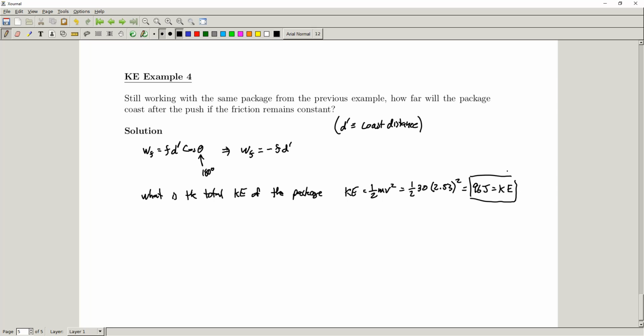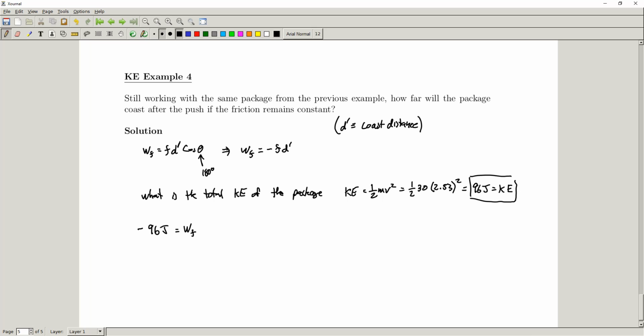And so what do we have going on here? Well, we know that the total work done on this thing had to be 96 joules. So maybe I'll rewrite it a little bit differently. Let's do it like this. Okay, so 96 joules is the total work done on this thing, but we know that the work done by friction now has to rob this full amount of 96 joules so that we end up down at 0 joules of energy when this thing stops.